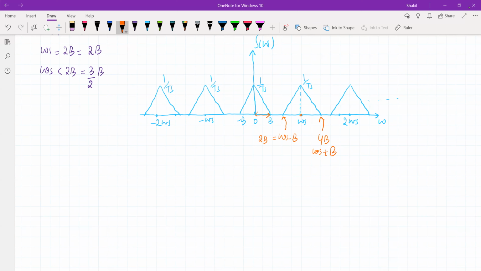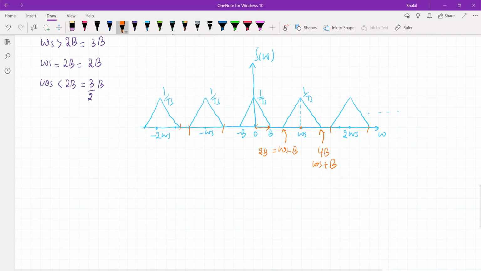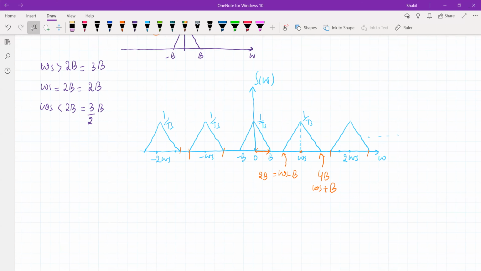Same way you can see the other frequency components. What is this frequency component, what is this frequency component? So for this special case, when omega s is 3B, remember the relationship between omega s and this Ts. Ts is the time at which you sampled the signal.